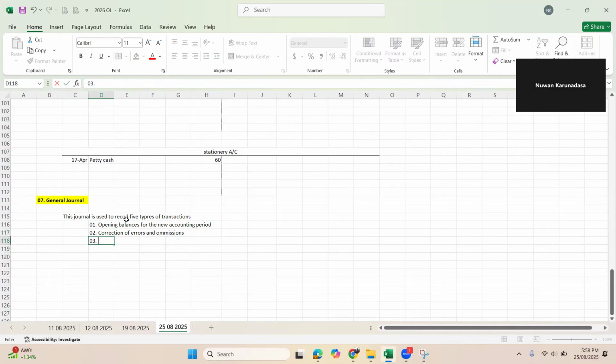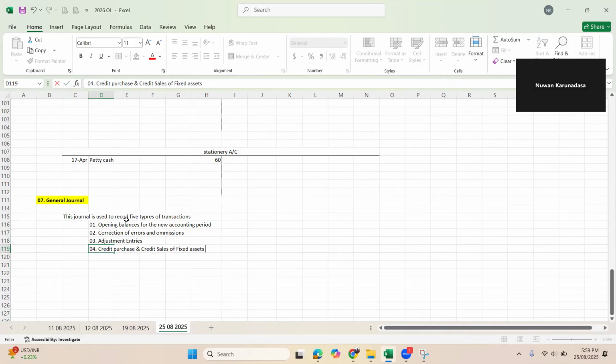Number 3, adjustment entries. Number 4, credit purchase and credit sales of fixed assets.